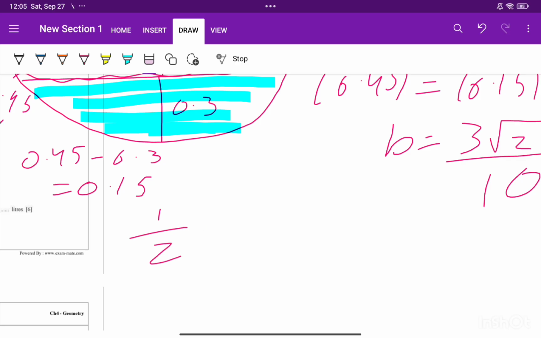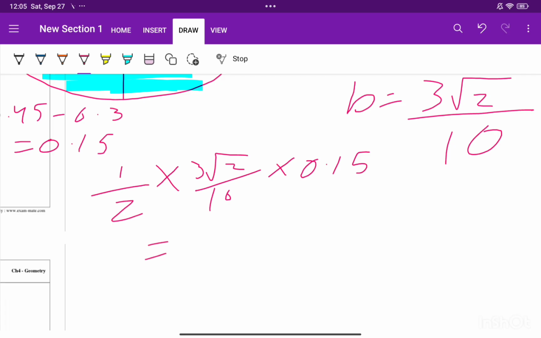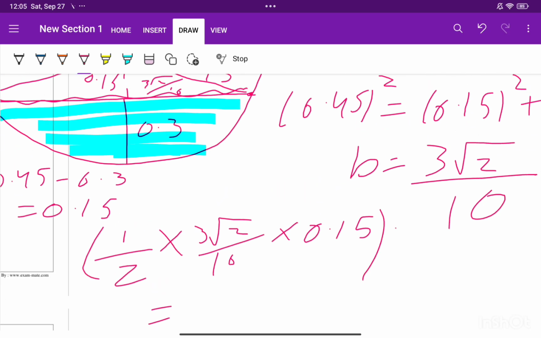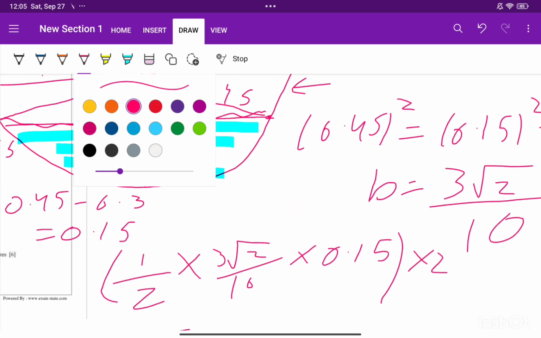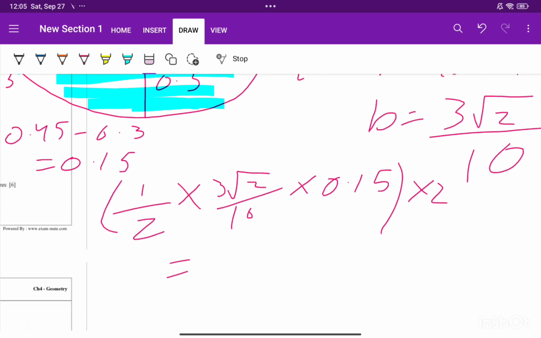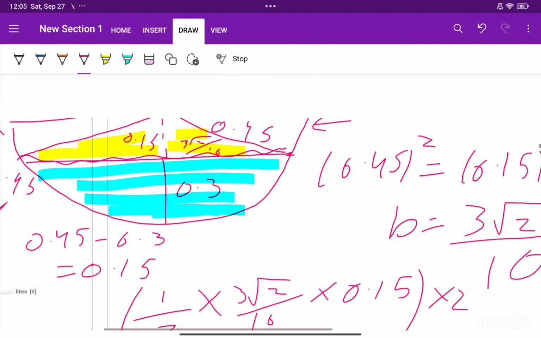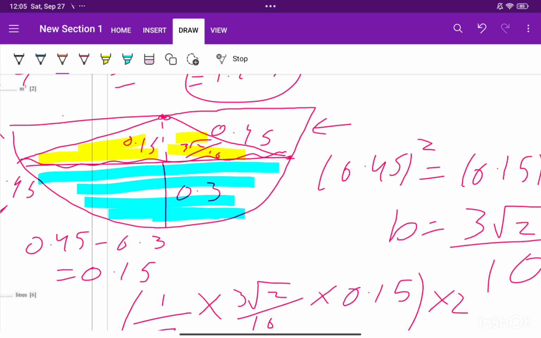So half of the base is 3 under root 2 divided by 10, multiplied by height 0.15. And we will also multiply this with 2. Why? Because there are two triangles, this and this. So when we multiply by 2, the answer will be 0.0634.